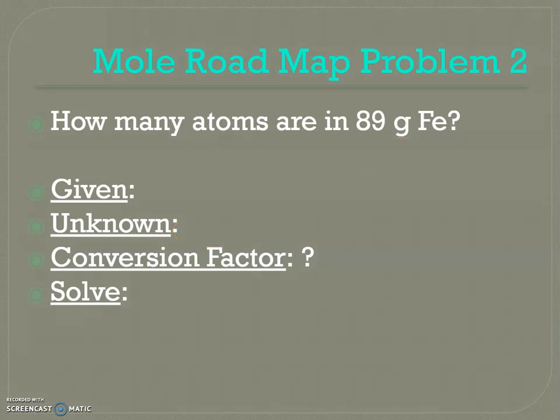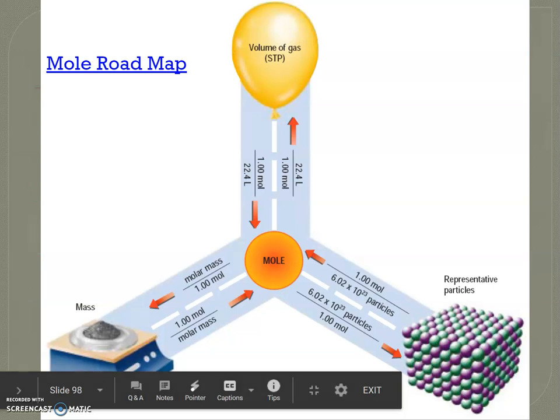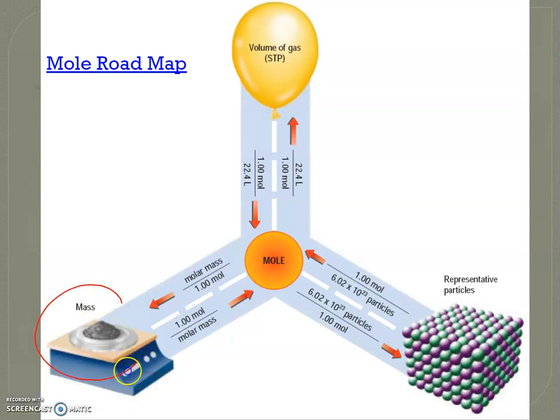Okay, so to review, we're going from grams to atoms. So that means that we are starting here in grams, and we're going here to atoms. So we have to use 1 mole over the molar mass, and each thing weighs something different because it has different numbers of protons, neutrons, and electrons and different compounds.